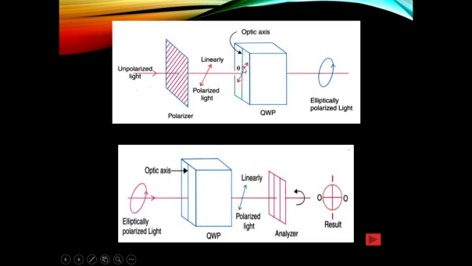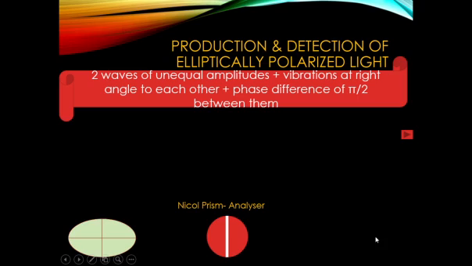So based on this theta only, you make it elliptically polarized light or circularly polarized light or plane polarized light. So it has to make an angle other than 45 or 0 or 90, okay, in order to get elliptically polarized light. Okay, so let's come back to our previous slide.